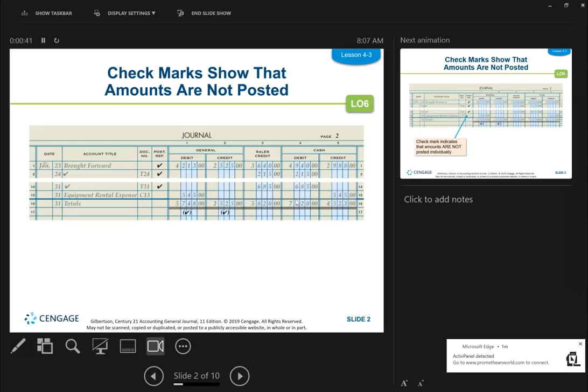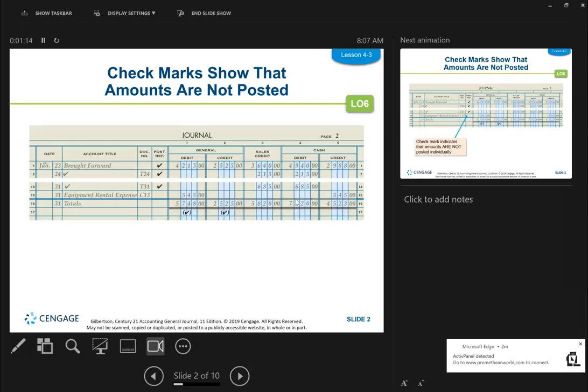So we've been putting these check marks in the post-reference places, and we've never really discussed, what does the check mark mean? These check marks in your journal indicate amounts or transactions that are not going to be posted in your ledger. So these cash transactions get a check mark because there's not a specific ledger item for that.